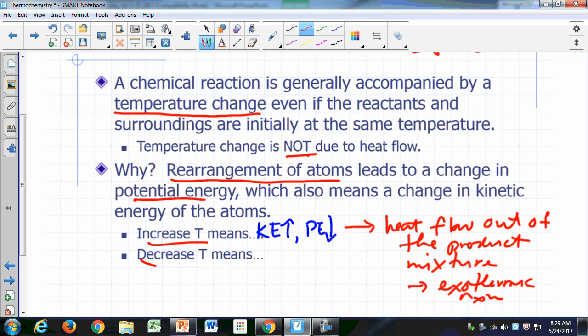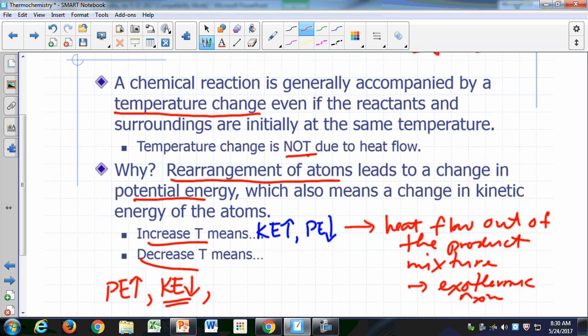Similarly, if we have a decrease in temperature as a result of the reaction, so a reaction happened and the temperature went down, that means the kinetic energy of the products is lower than what it was when they were reactants. Okay, the atoms in the products will now have lower kinetic energy than they did when they were reactants. So that means there must have been an increase in potential energy. So a decreased temperature means an increase in potential energy of the atoms when they rearrange from reactants to products, and that led to a lower kinetic energy.